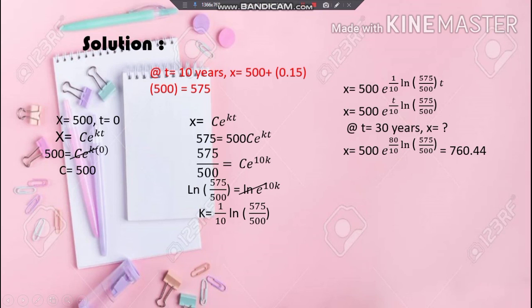So okay, let our time now be 30 years and our x remaining unknown. X is equal to 500 e raised to 30 over 10 ln of 575 over 500, which is equal to 760.44. Because we talk about population, this is converted to 760 people. So this is the answer.